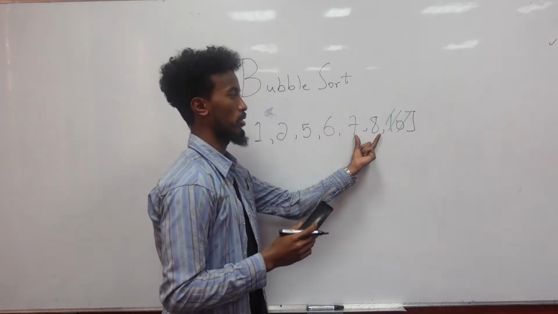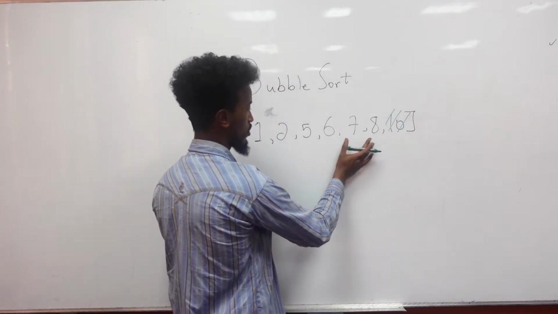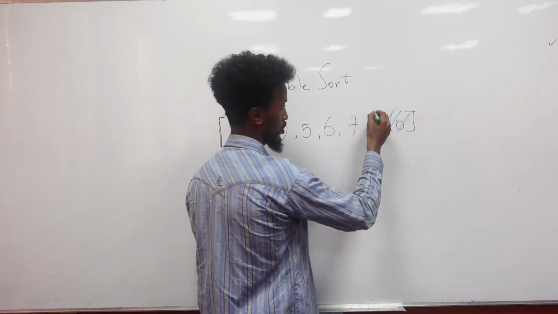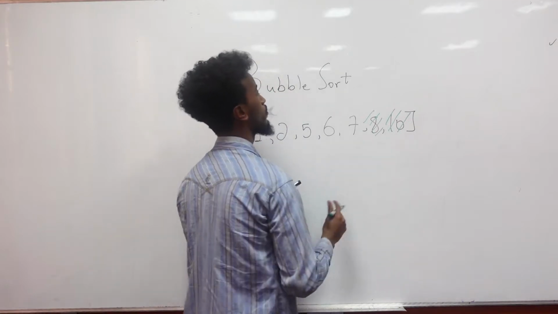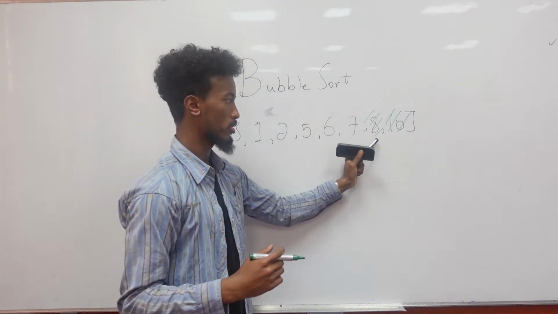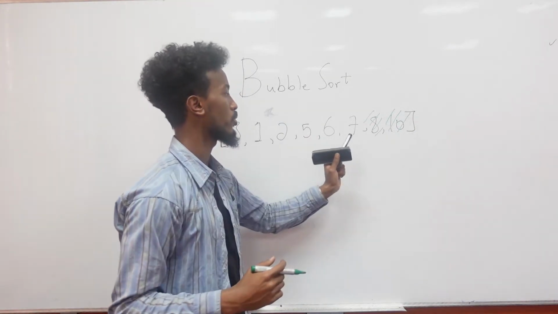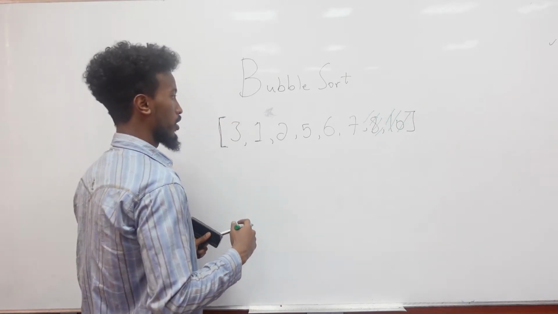And 7 and 8, they are okay. We have moved 8, which is the second largest out of the remaining, to the last position. Actually it was already in the last position, but the concept is that on each iteration it will move the largest element into its last position. Fine.